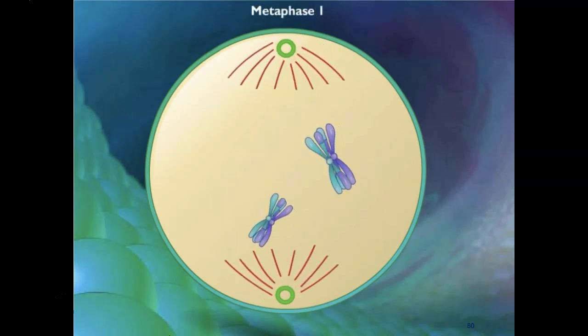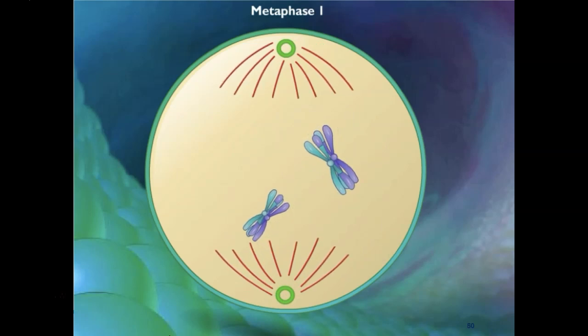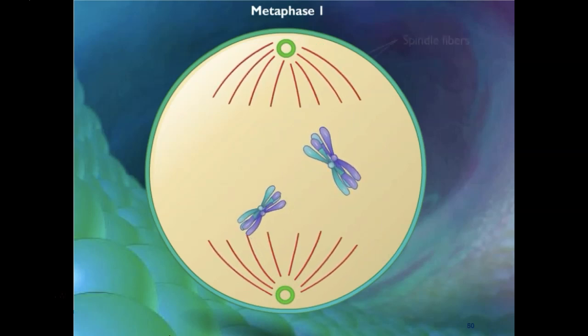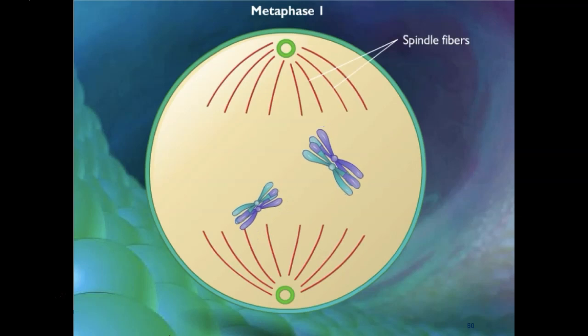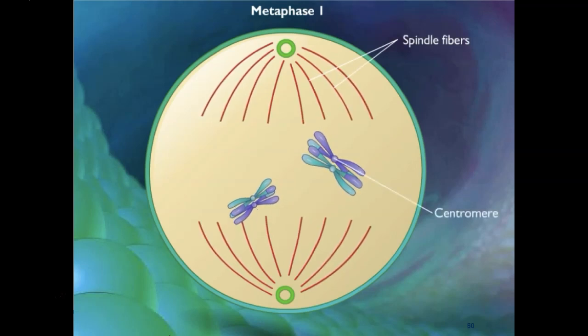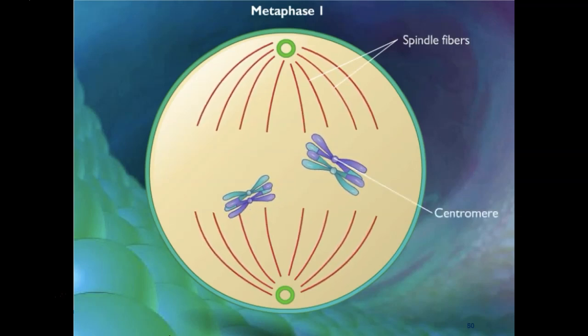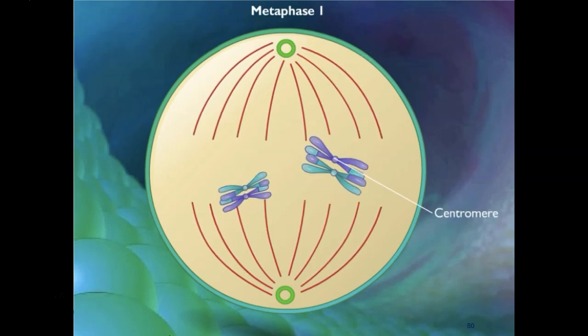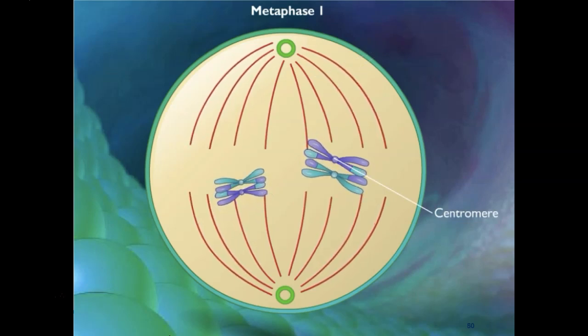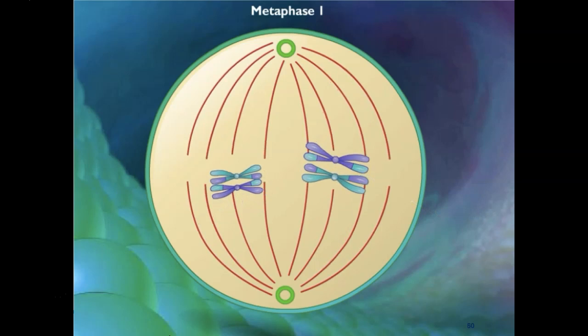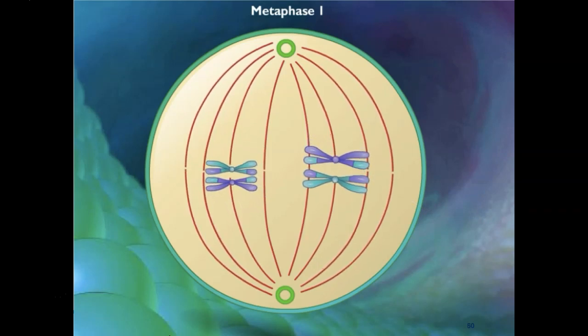By Metaphase I, the nuclear membrane has disappeared and the spindle is fully formed. Spindle fibers attach to only one side of each centromere, so that the two homologous chromosomes are attached to spindle fibers from opposite poles. Each pair of homologs then lines up on the metaphase plate. Either the maternal or the paternal homolog may orient toward a given pole.